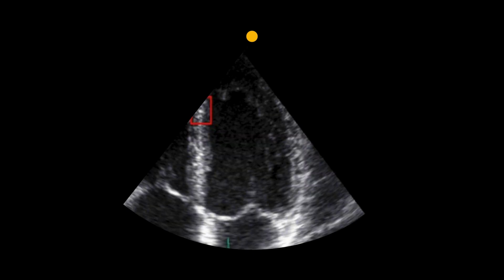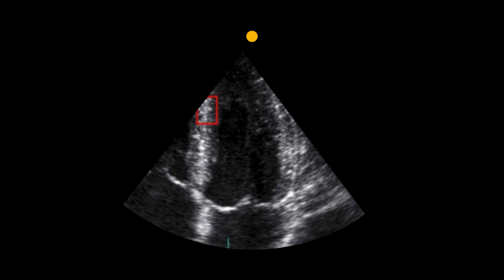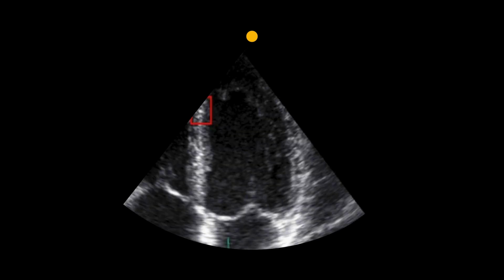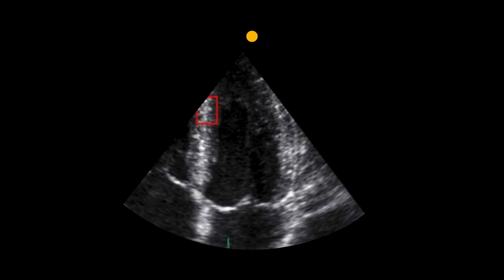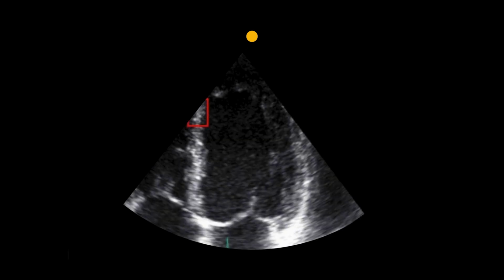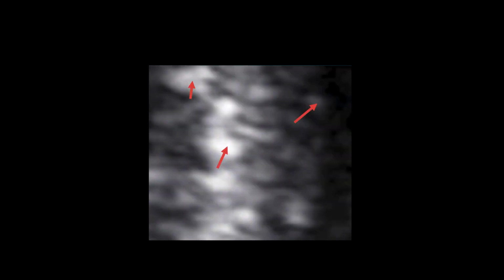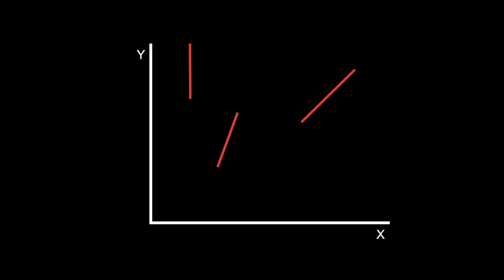These grayscale images are composed of several bright speckles produced from the interaction between the ultrasound beam and myocardial tissue. A software program is then used to identify the speckles and track them frame by frame during the cardiac cycle. The change in their displacement is then calculated to assess myocardial deformation.